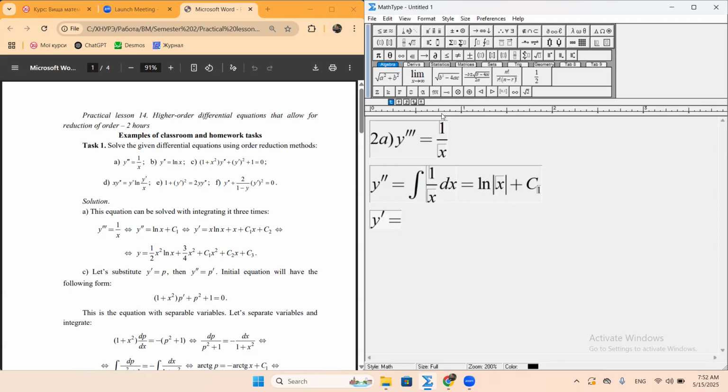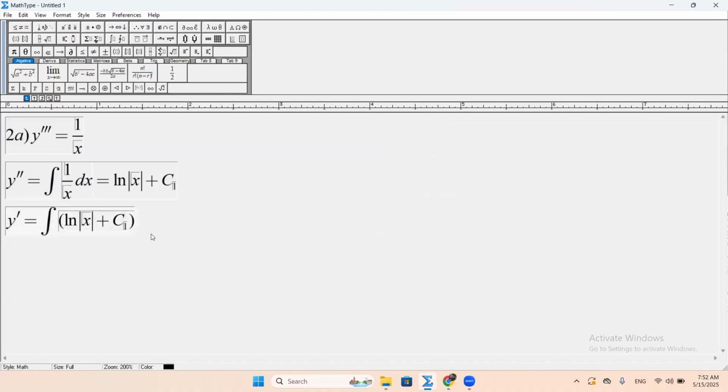So now let's find the integral of this part. So we will find the first derivative. And let me remind you how to integrate by parts.